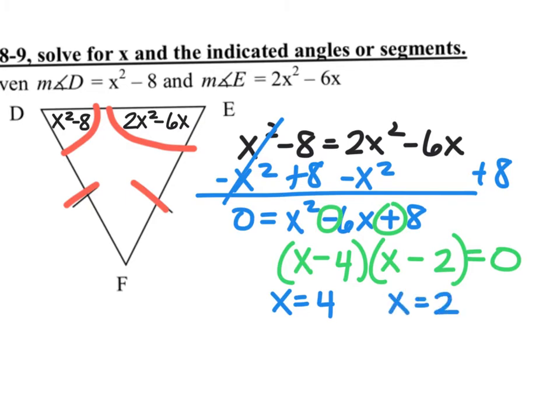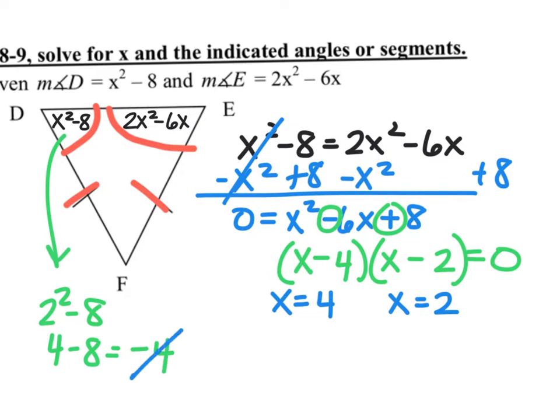Just double check that both of those work. If I plug in 2, I'm just picking a random one, I get 2 squared minus 8, which is 4 minus 8, which is negative 4, and we don't like that. Okay, we want all positive solutions. So actually we're going to throw out 2, and when we do plug in 4, it does work. So 4 is our answer.